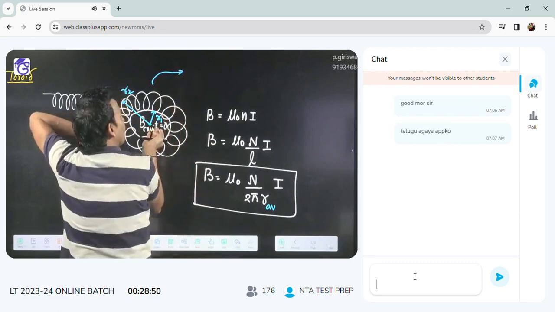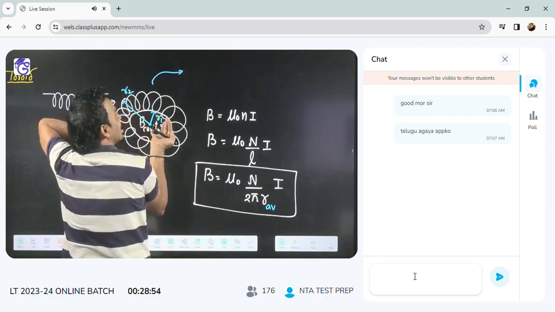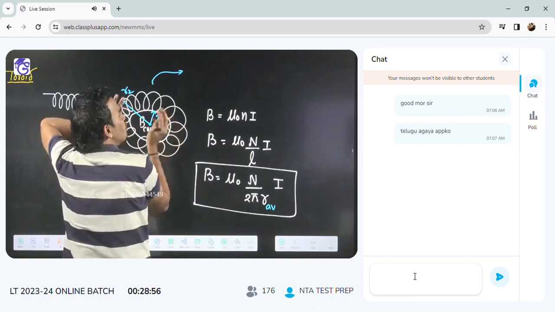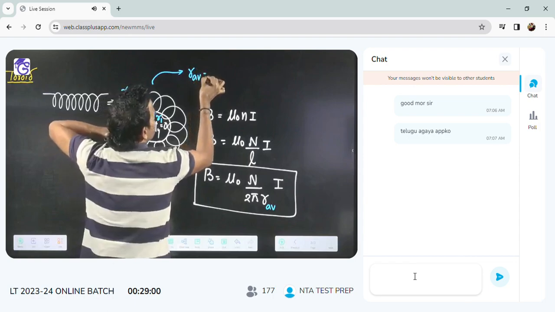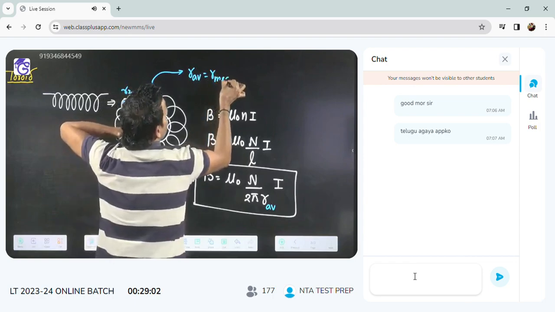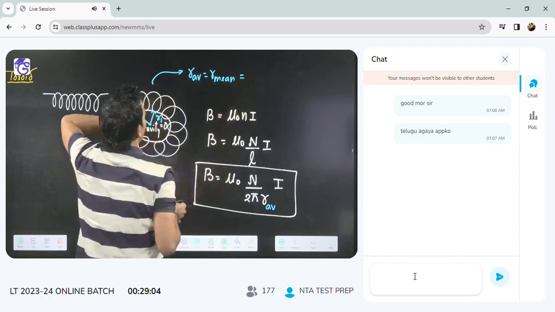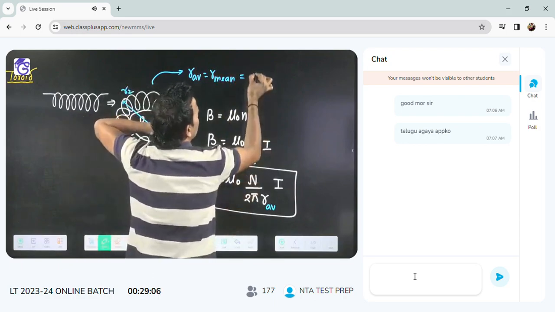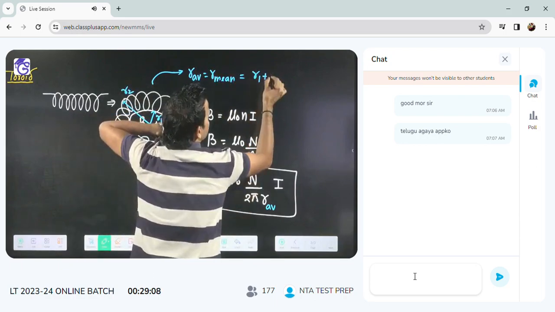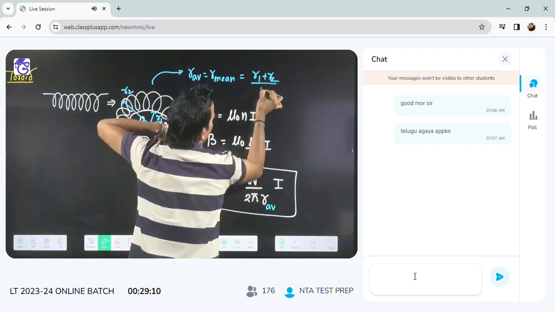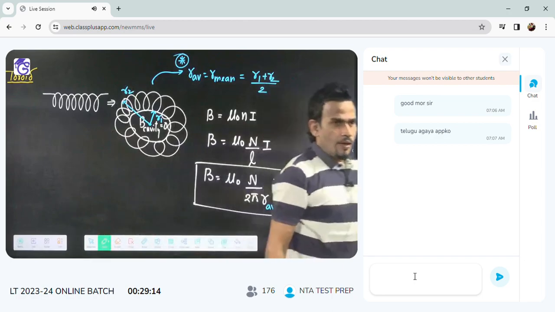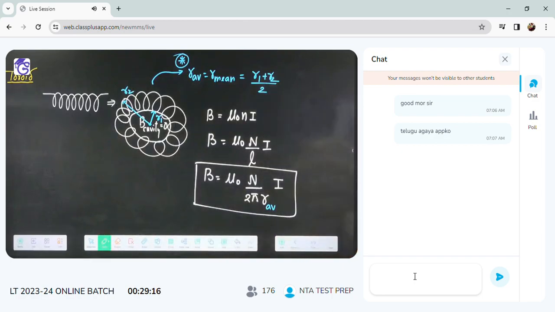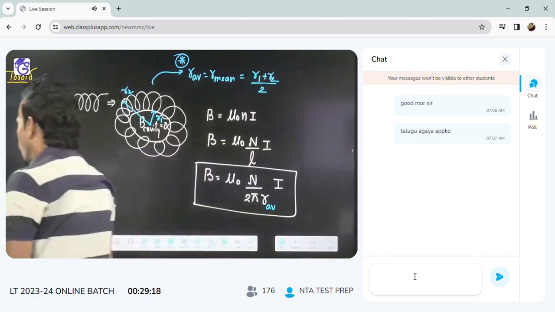R1 is also there, R2 is also there. Which radius should I take, sir? You have to take the mean radius or average radius, and you know how to find the average: R1 plus R2 by 2. This is how we calculate average radius. Neither outer nor inner, you take the average of both.